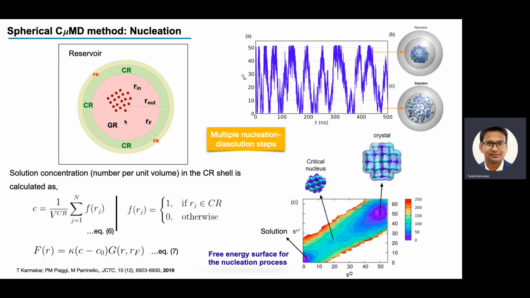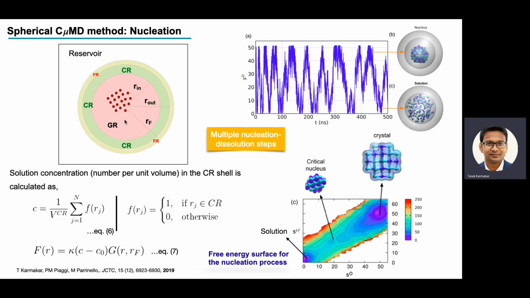But in this case, the orthorhombic setup is not appropriate because during nucleation, a spherical nucleus appears. So we thought having a spherical setup of the CMMD method would be beneficial for this kind of system.